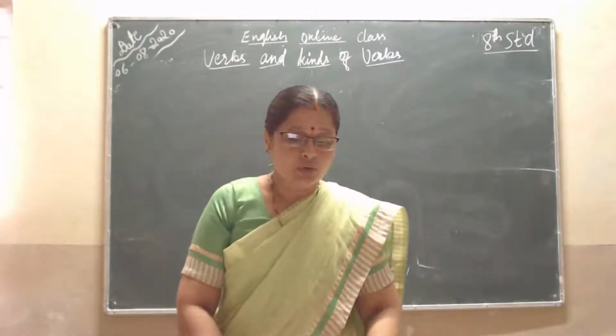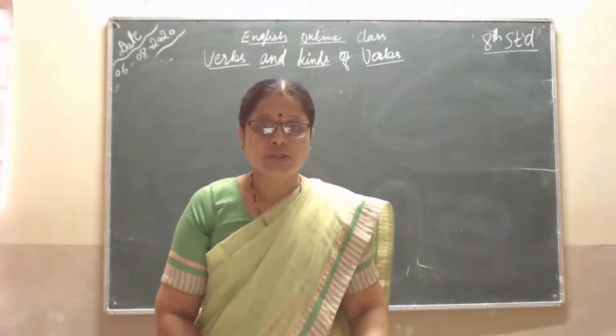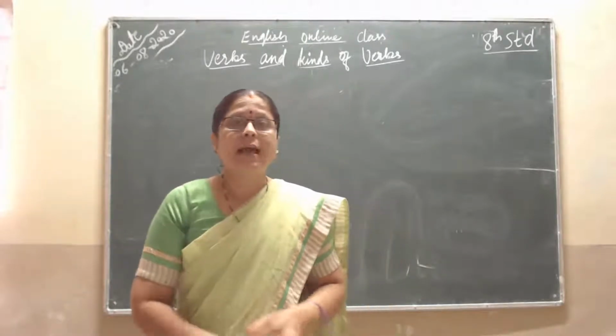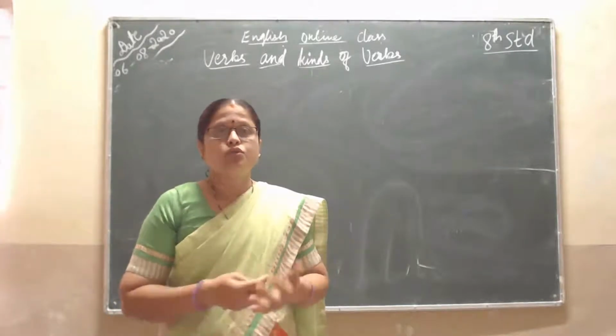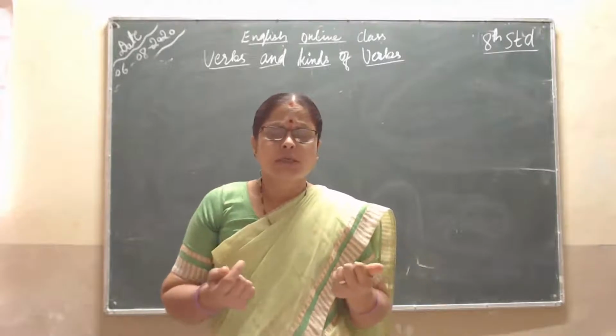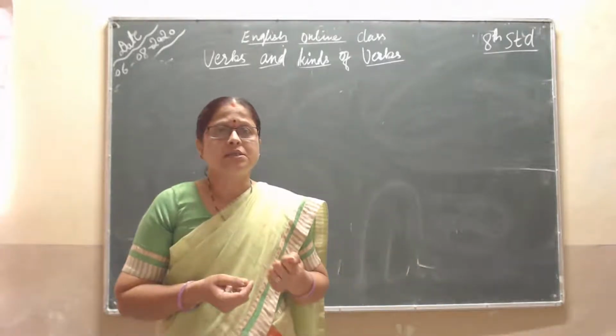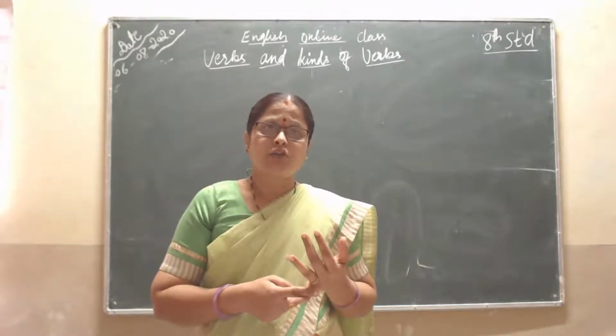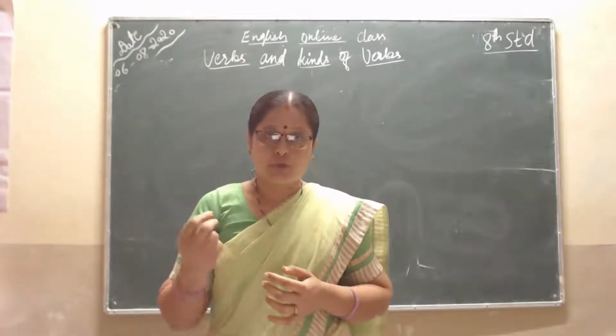So as you know, verbs are the action words. A verb is a word that denotes an action. What you do, what you perform, those are called verbs. And not only an action but also a being or a position.